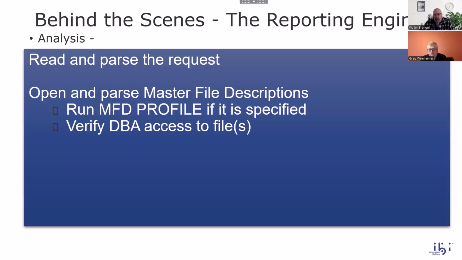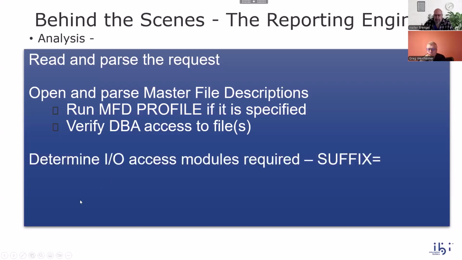So you have your root, and then the child under root, and then any subchildren under those. If you have an MFD profile specified in your master, in your synonym, we will also run that. And lastly, if you have DBA in your master, we check to make sure that the user that's set in your session has a rule set up in the DBA file.